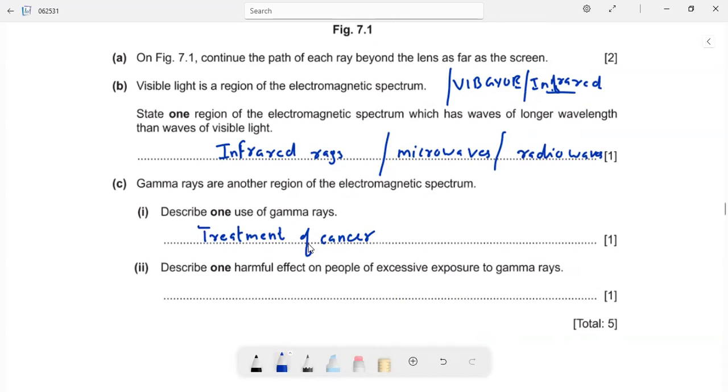Describe one harmful effect on people of excessive exposure to gamma rays. These gamma rays can cause mutation or damage to DNA of cells. Mutation of cells, that is the harmful effect of gamma rays.